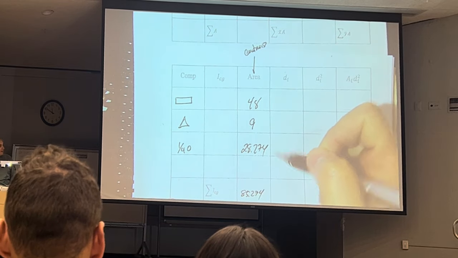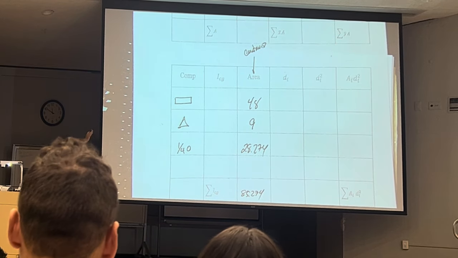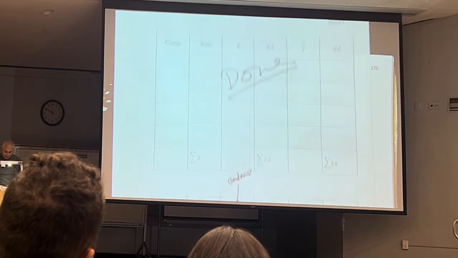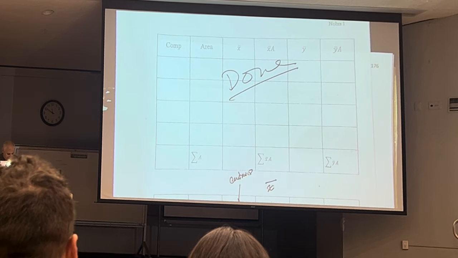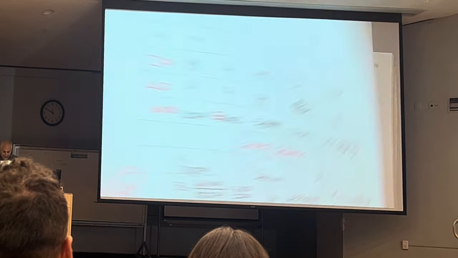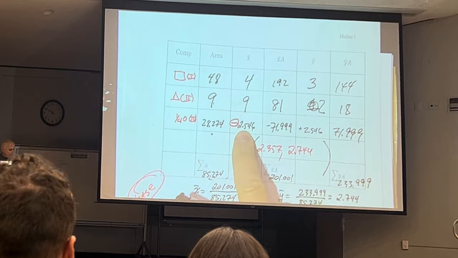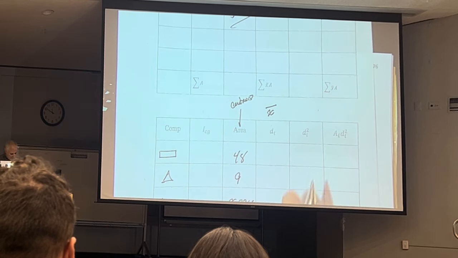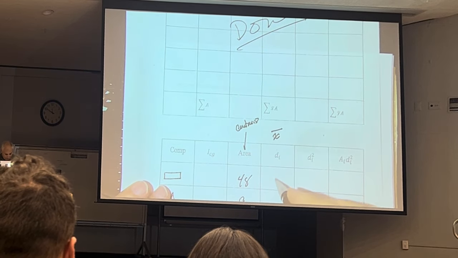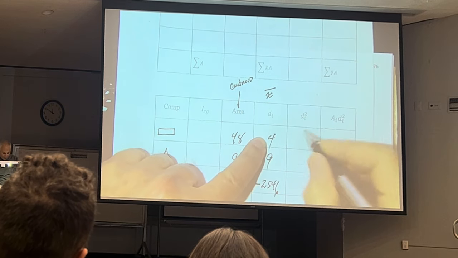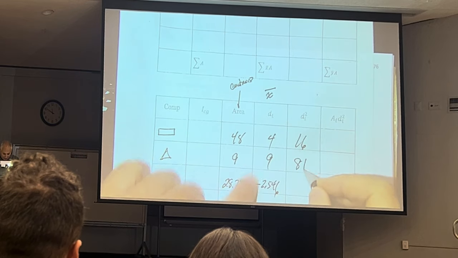If I'm sending everything to the y-axis now, they're going to be my x bars. And my x bars were 4, 9, negative 2.546. So copy those over. Square: 16. Square: 81.